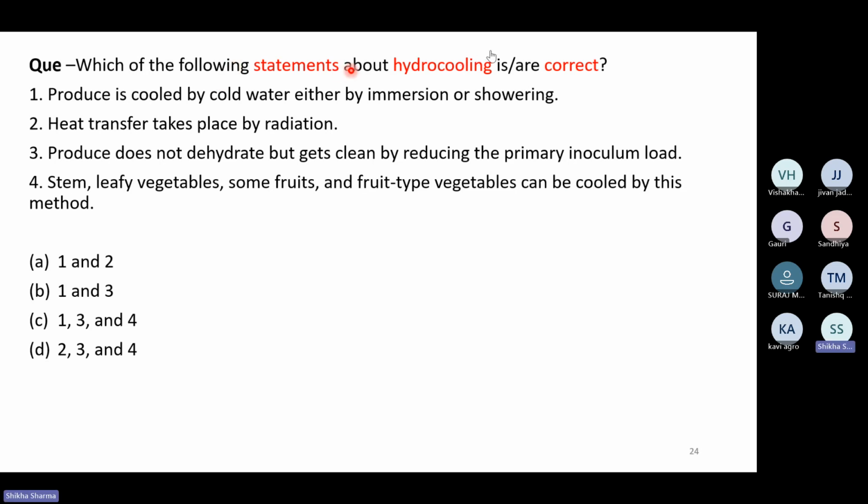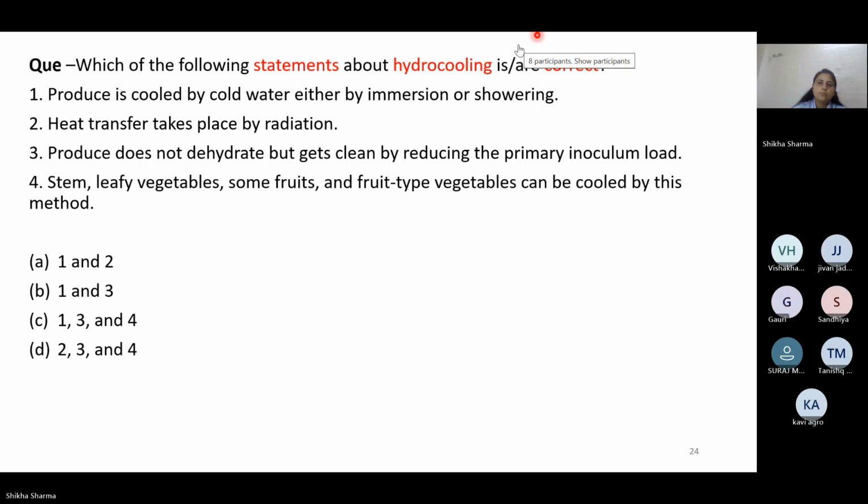So, any guesses which option can be correct? C, option 1, 3 and 4, as per Vishakha. Any other person?